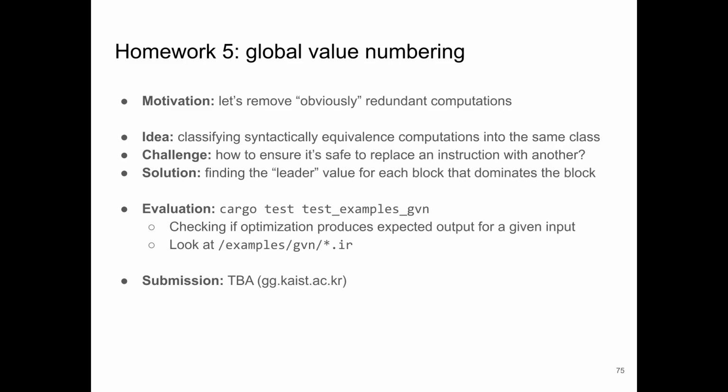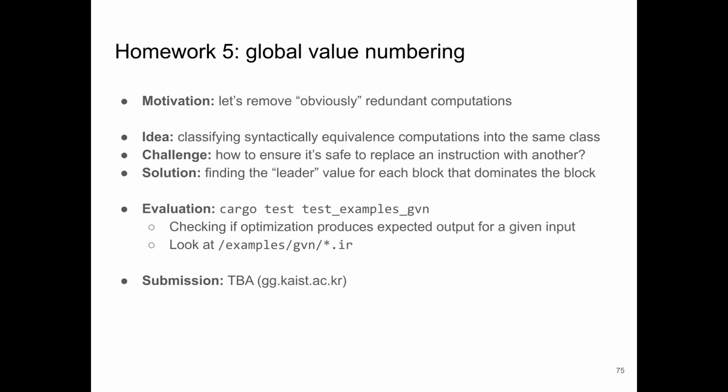Here the challenge is that, suppose we have already syntactically classified instructions into numbers or equivalence classes. But it is not always safe to replace an instruction with another. For example, if you have two instructions in a row, you cannot replace an earlier instruction with a later instruction, because the later value may not be defined when the earlier value is used.